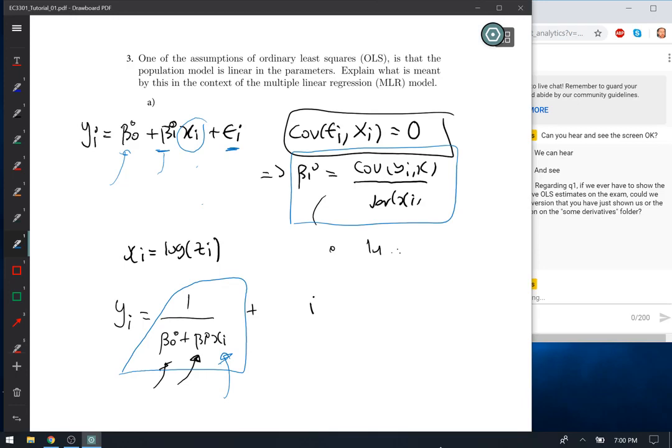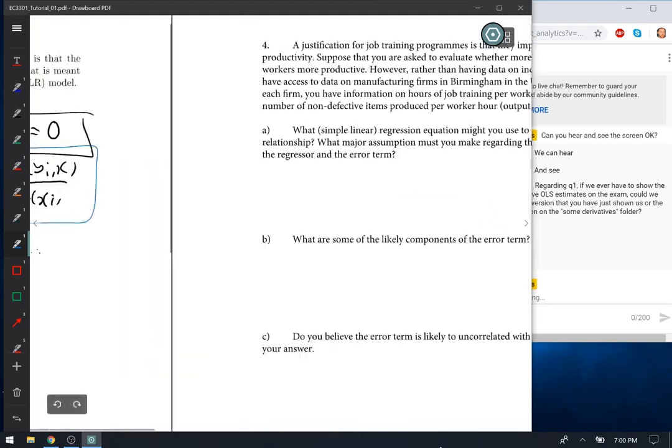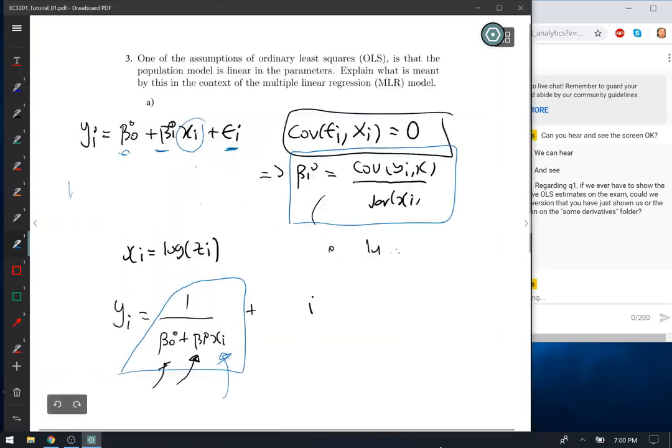And the classic example is wages and schooling. Let's say we regress wages on alpha naught plus, let's just give them different names, and these are the true parameters now, whatever they are, plus epsilon i.